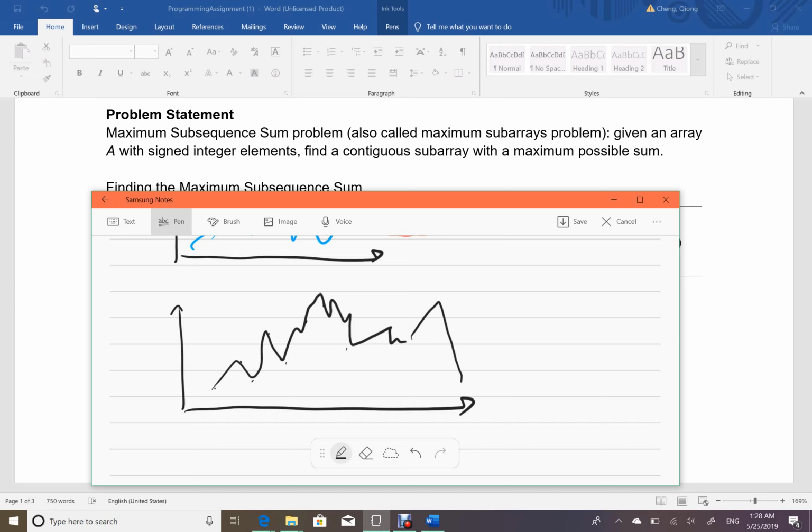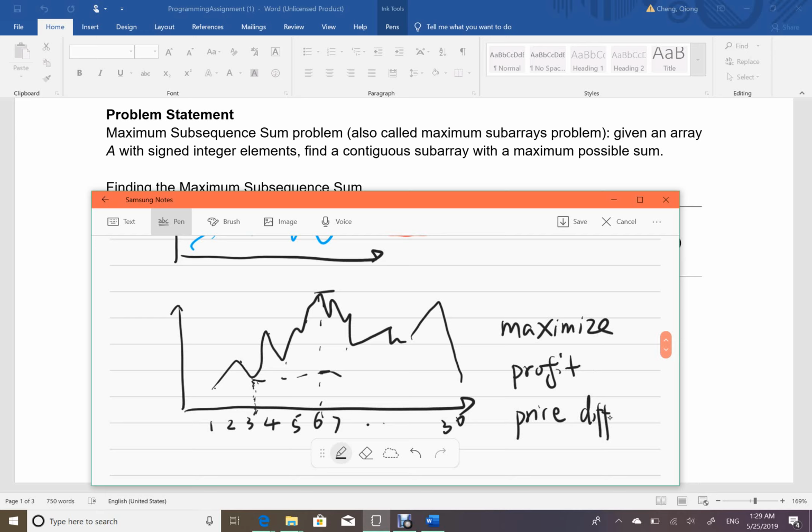For each day, day 1, day 2, day 3, 4, 5, 6, up to 30, you want to decide when to buy it and when to sell it, such that the difference you earn is a maximum. You want to maximize the profit.